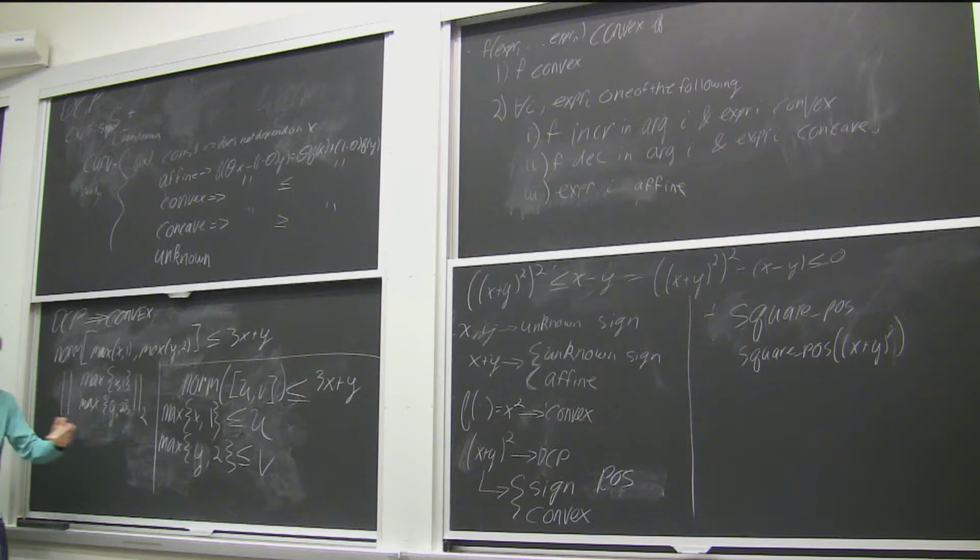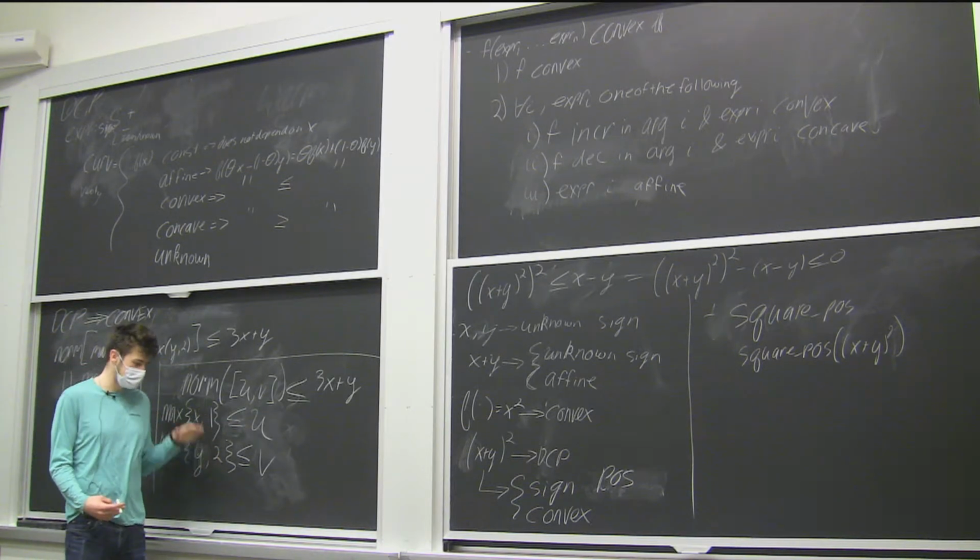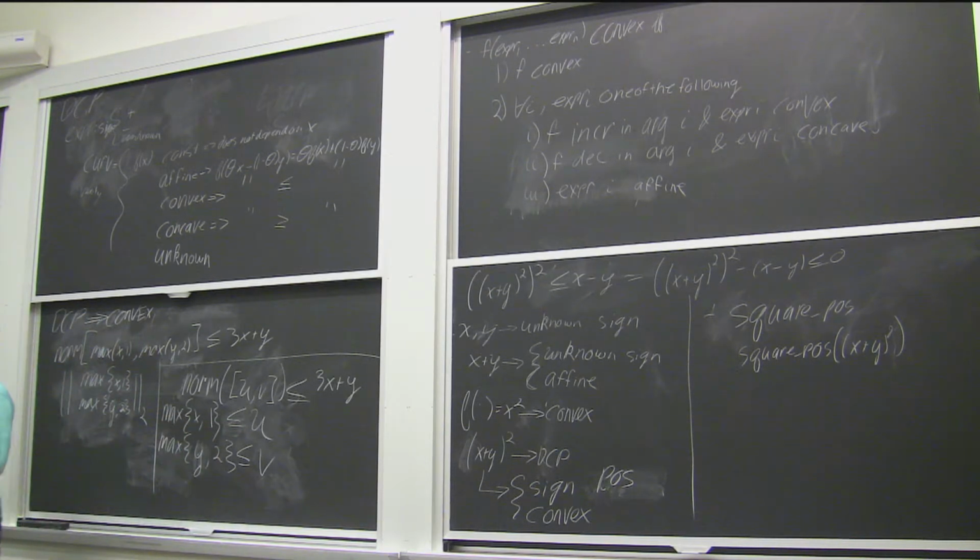So I can't make these equality constraints. This, though, is a convex function, so these inequalities are fine. And so when I've written it this way, this is a complete set of implications.